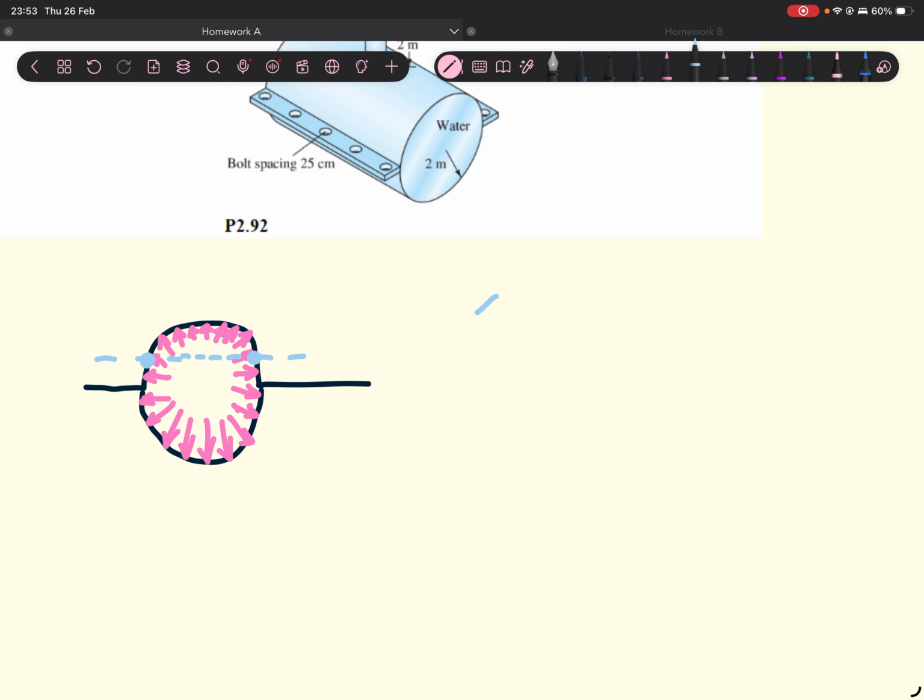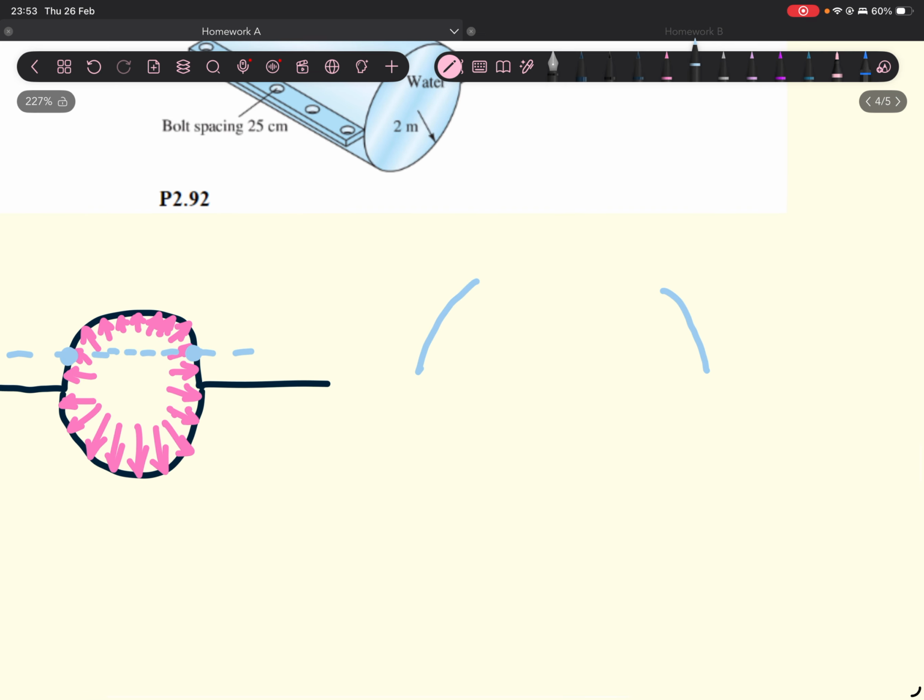So if I were to draw that portion, this is just a curved portion of the tank, so you have the rest of it kind of like that. And remember, pressure always acts normal to the surface. So you have that as your pressure, and it's the same in magnitude because you are at the same horizontal distance.